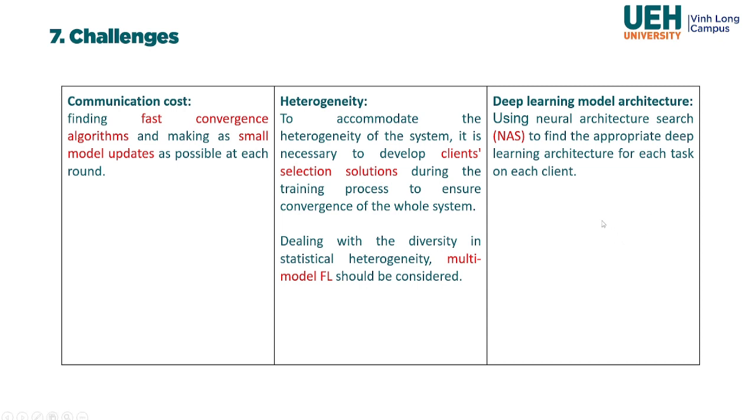That is not very good for our task. So we have to find neural architecture search, or NAS, to find the appropriate deep learning architecture for each task on each client.